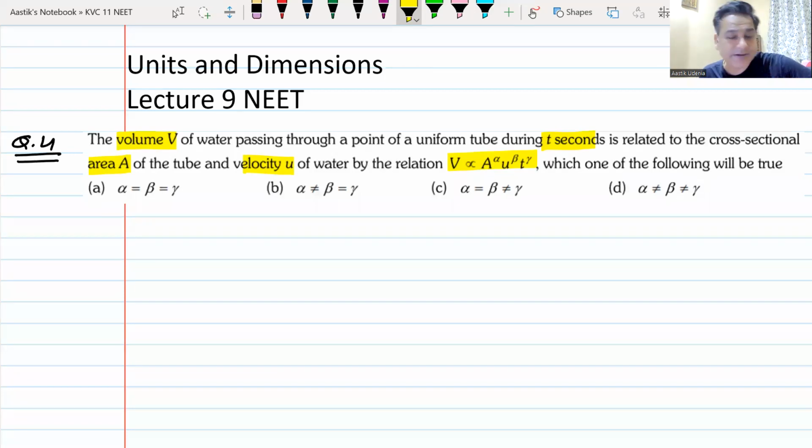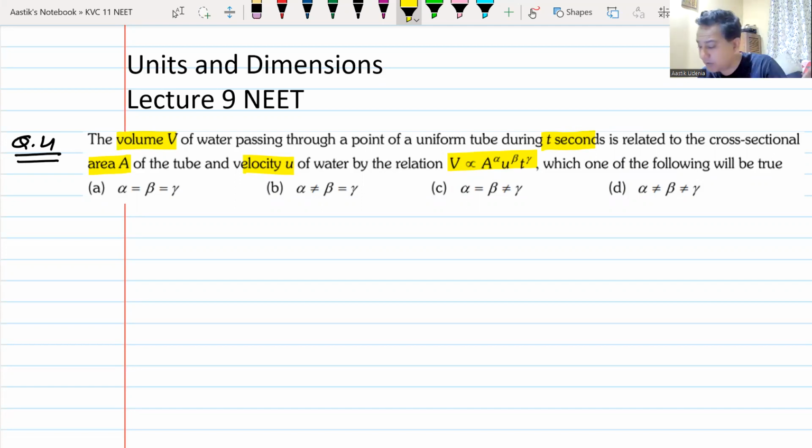Remember, in an examination hall, the question would not be asked straightforward. The question would be asked in a different way, but we'll have to understand how it has to be done. So this is the question.